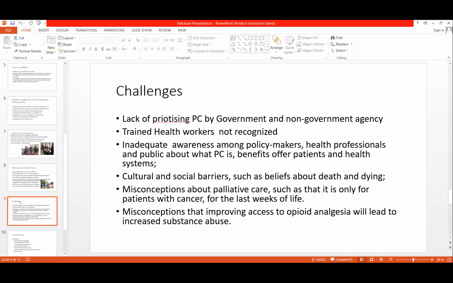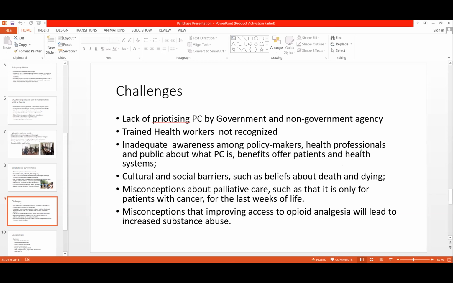Therefore, workload becomes a challenge. And even us who have been trained, some of us have bachelors, others already have masters in palliative care, but we're not being recognized anywhere. That means you cannot compete for any position in the district. And also, there are inadequate policies. Even if the policies are there, they are not being enacted.